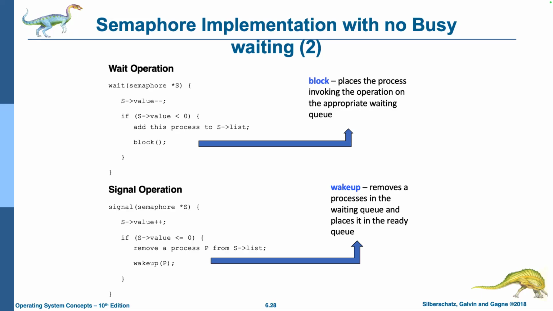For the signal operation, the value is increased by 1. If the value is less than 0, remove a process from the list and wake it up. So block and wakeup avoid busy waiting.